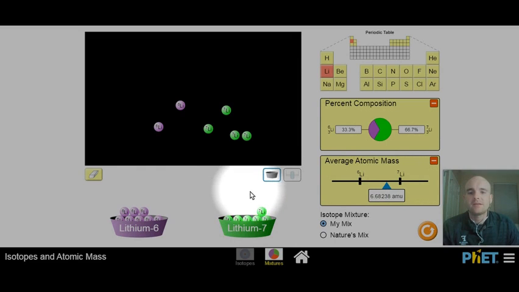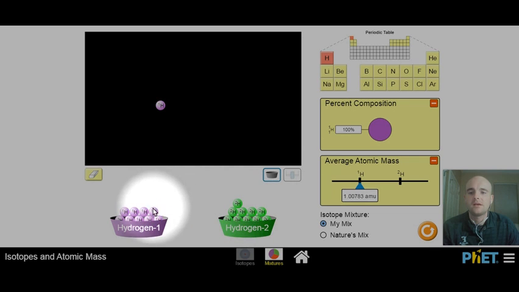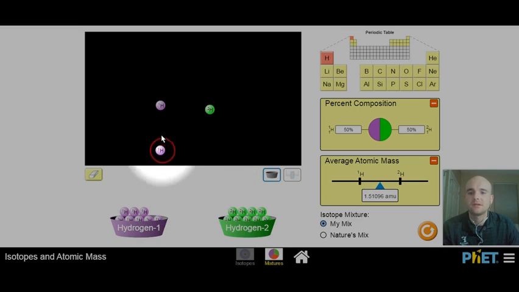If I take the hydrogen isotopes, the 2 stable isotopes that exist, I can just make my own little mixture, putting the hydrogen 1 isotopes here and the hydrogen 2 isotopes here. I can put them anywhere I want.